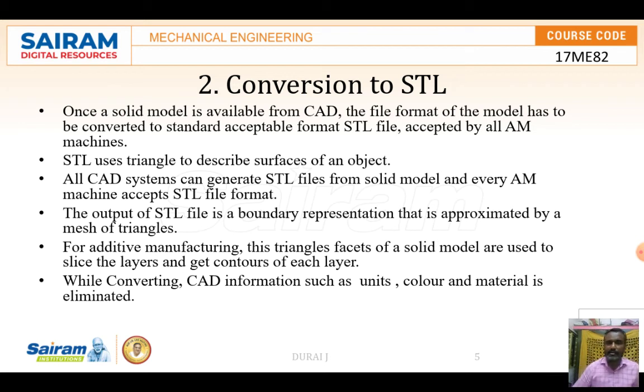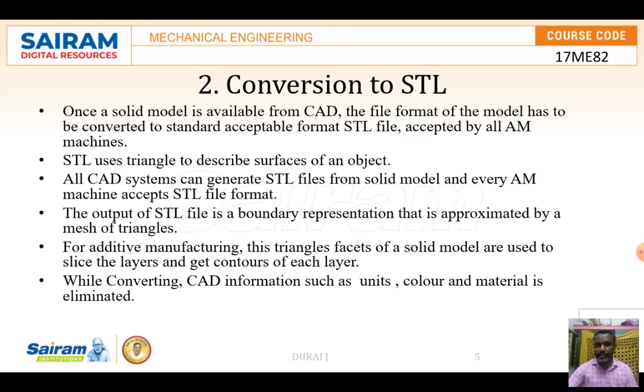Then the next stage is the conversion to STL. Once the 3D modeling has been done, using the stereolithography file format, that is the STL format, we convert the CAD model into the STL file format. Why? Because a machine can understand only the STL file format.